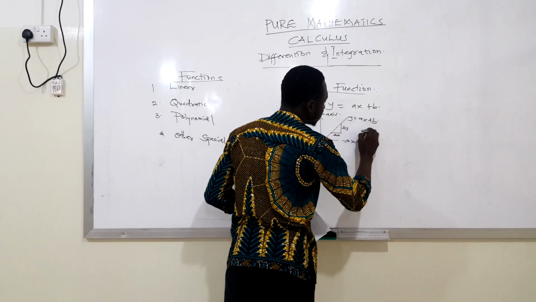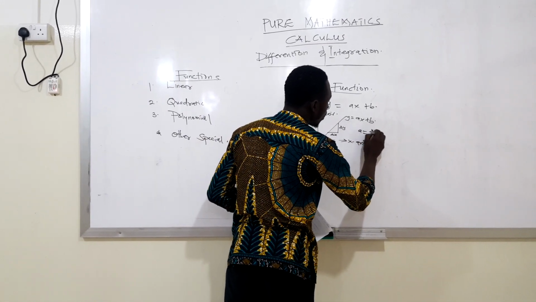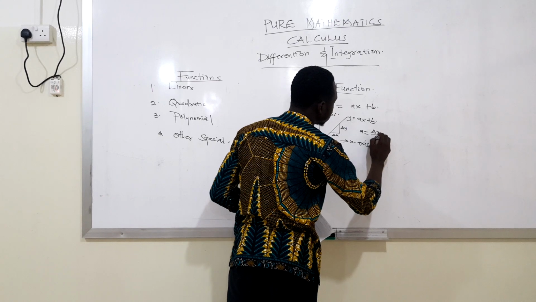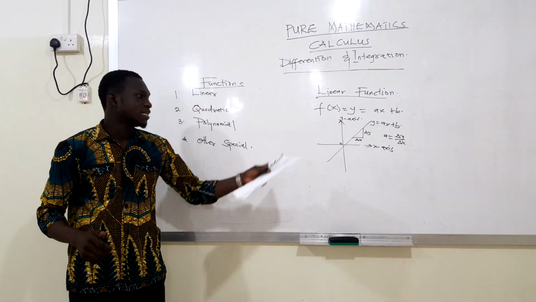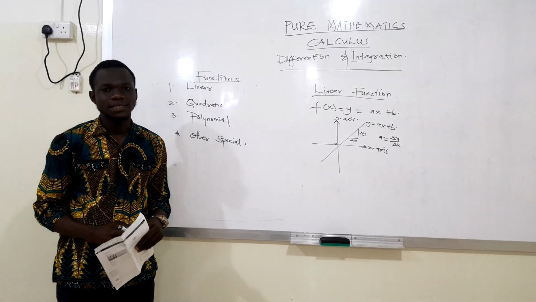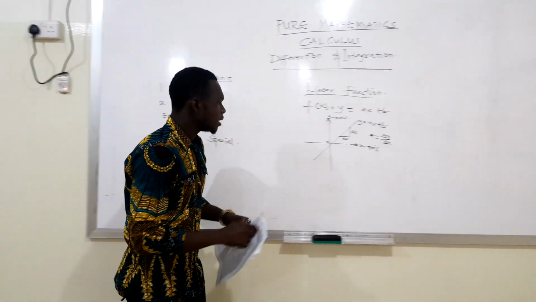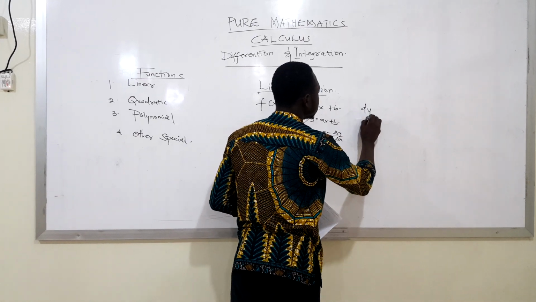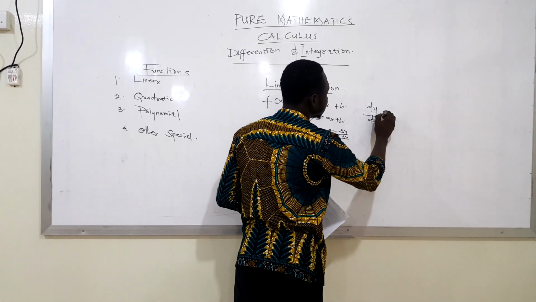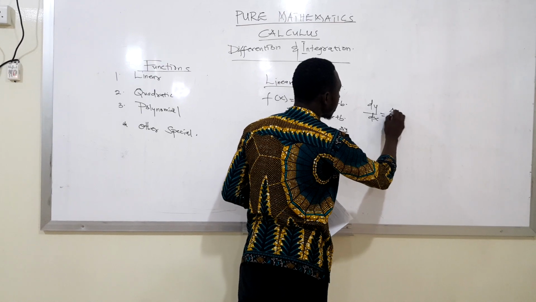So our a is equal to the change in y over the change in x. And we are basically looking for the changes, that is the gradient. So in differentiation, dy dx is equal to the change in y over what?